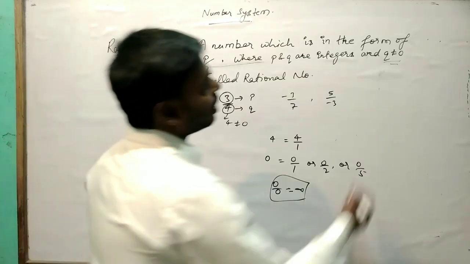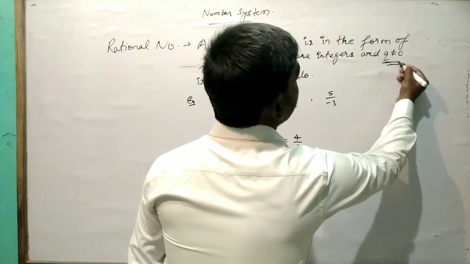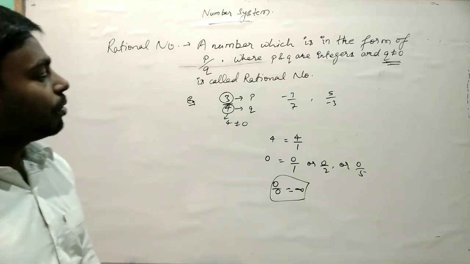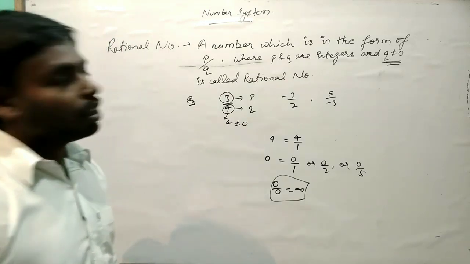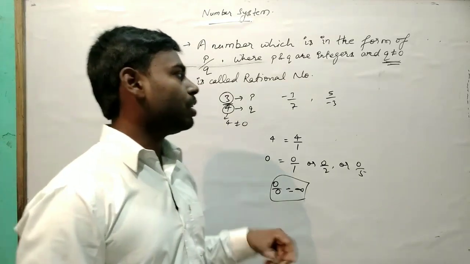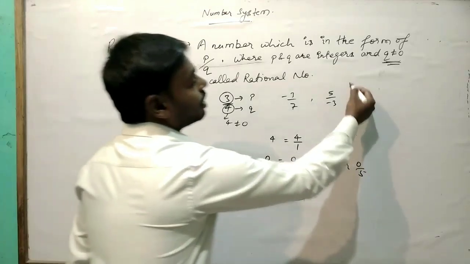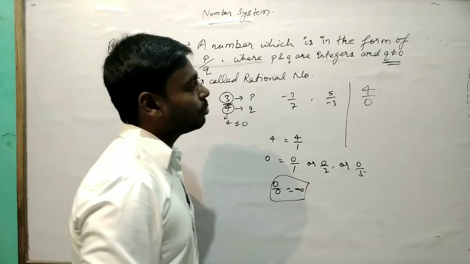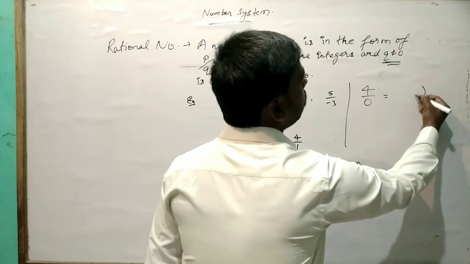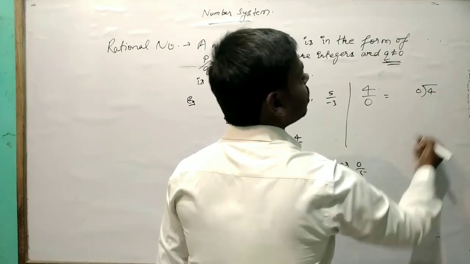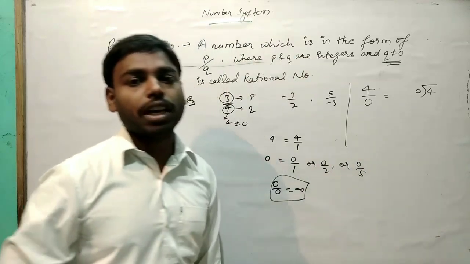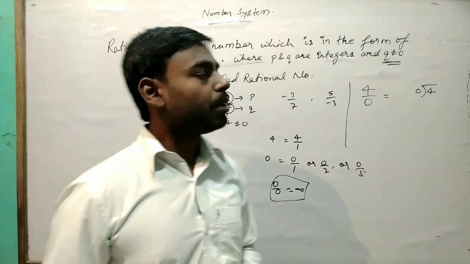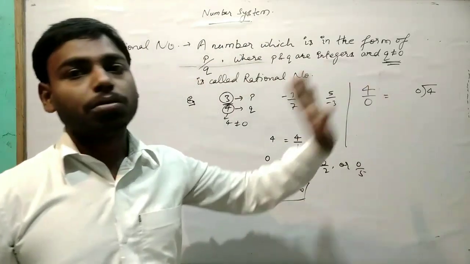Here we see why q is not equal to 0. If q is equal to 0, then what happened? Take 4 by 0. Is this a rational number? It can be written as 0 by 4, and there is no number that we can multiply by 0 and get 4.